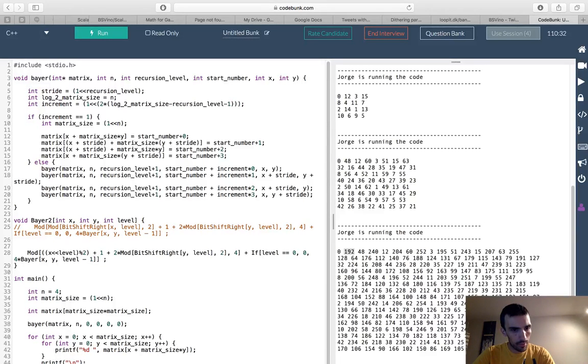Okay. Bit right shift again. So I think we're going to do this. Move that. And then mod that again with 2. Mod that with 2. And so this whole thing gets modded with 4.